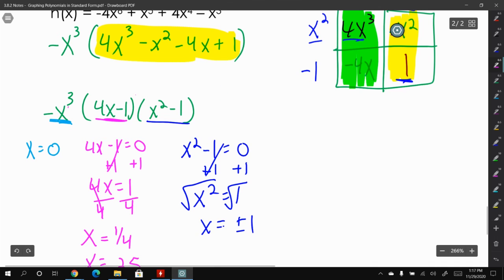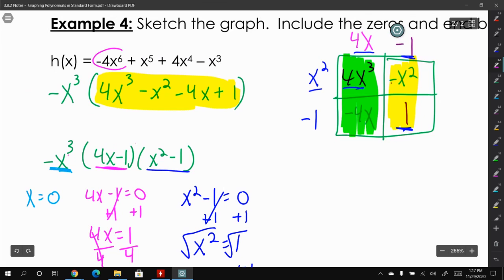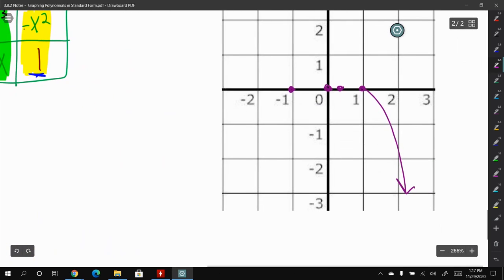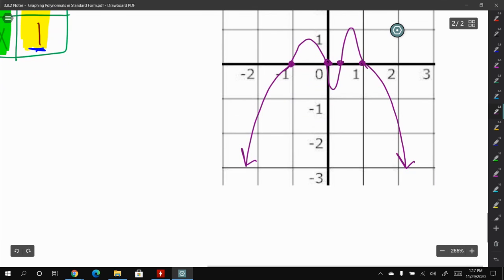So what I would do is I would look at the original that we started with and say, my degree is 6. That's an even degree, so that means the ends go in the same direction. So if the right side goes down, so does the left side. And we have no repeated zeros, so we cross at each one. So your graph will look something like that.